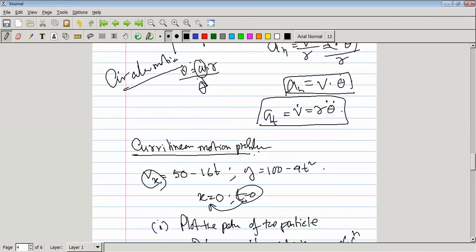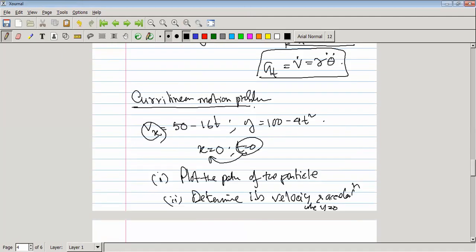Okay, see, here in the problem, what are the given things? The velocity is given in such an equation, and the displacement is given in such an equation. The question said draw a plot, or you can simply find out the velocity and the acceleration for the position of that particle where y is equal to 0.